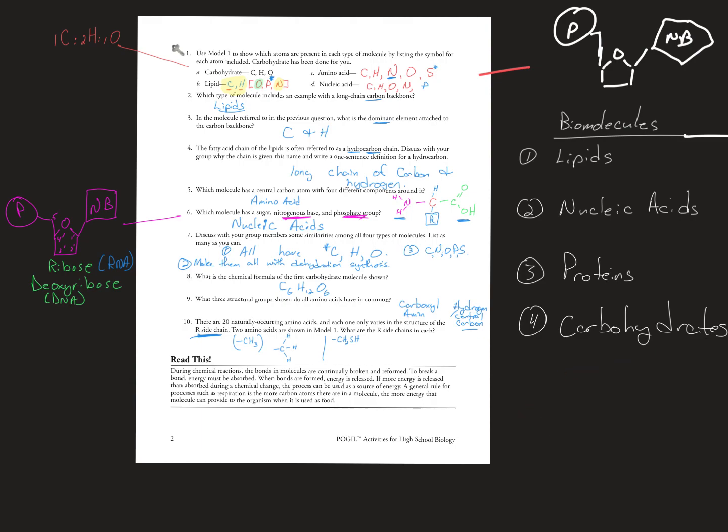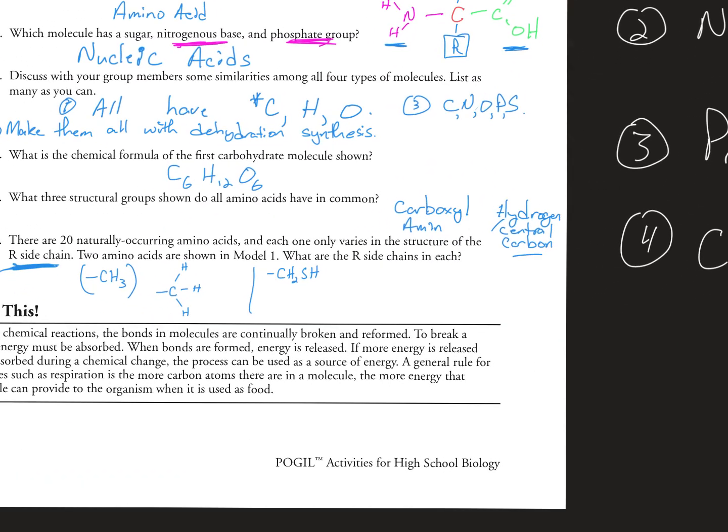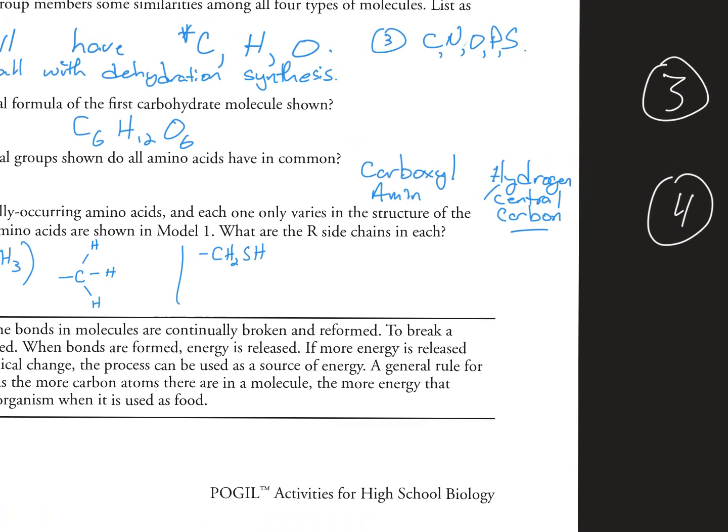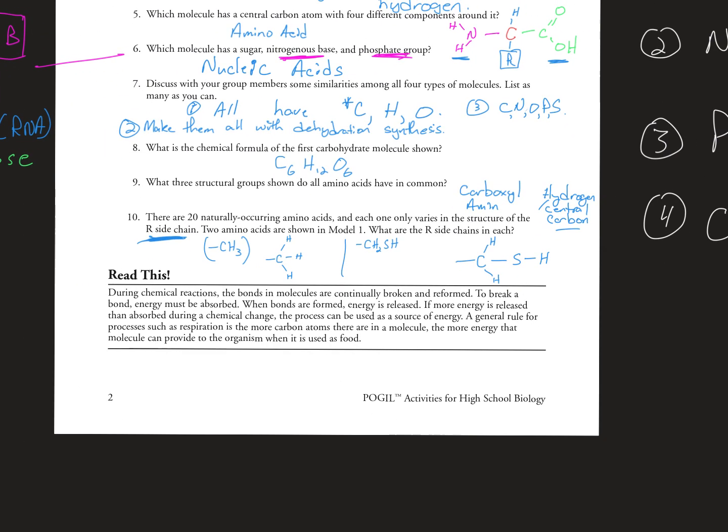So what does the other look like? Well, you have a carbon, then a sulfur. Here you have a hydrogen sticking out, and the sulfur has a hydrogen sticking out. So you see the only difference between these two is that you have a sulfur here instead of a hydrogen. Carbon still has 4 bonds.